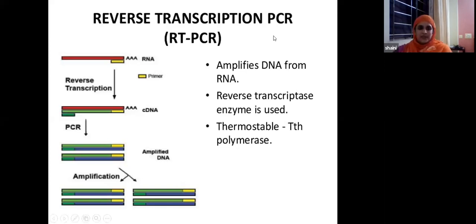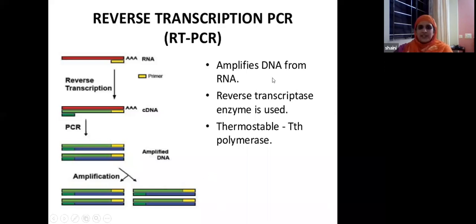When we want to study either the messenger RNA or a single-stranded RNA virus, you put the initial RNA fragment and then use an enzyme. From DNA to RNA is transcription, so when you make a DNA copy from RNA, it is called reverse transcription. Using a primer and the reverse transcription enzyme, we create a complementary DNA strand, and then the regular PCR happens: the DNA denatures and amplifies.